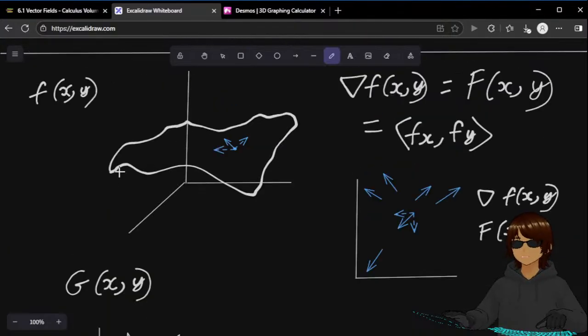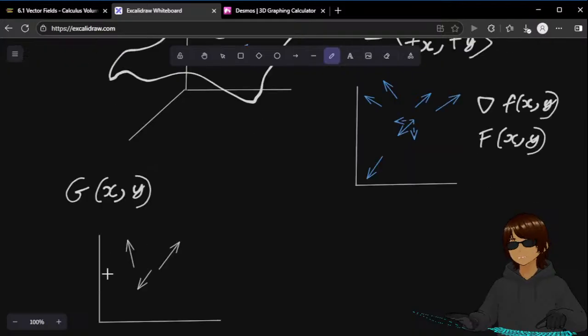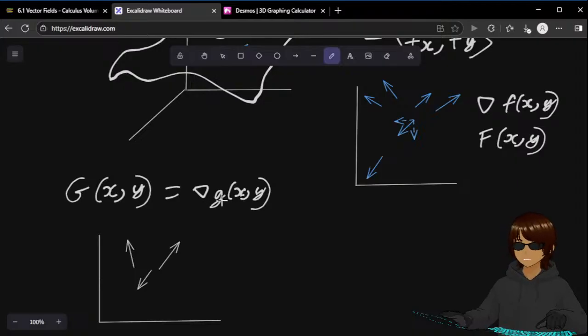would you be able to figure out the original function which has this vector field? Would you be able to find a function g of xy such that the gradient of g is this vector field? If such a function does exist, then this is called conservative.